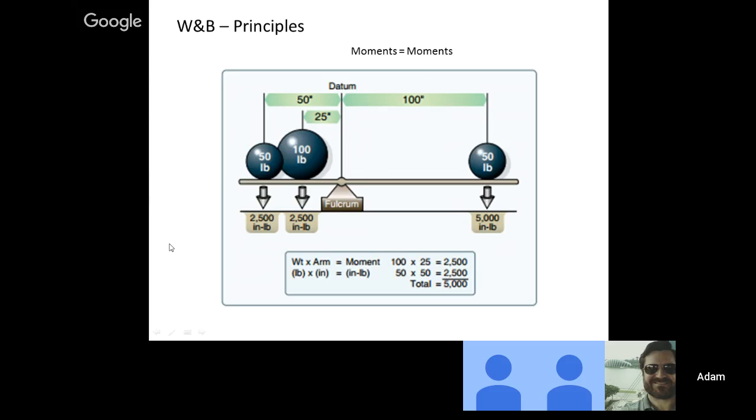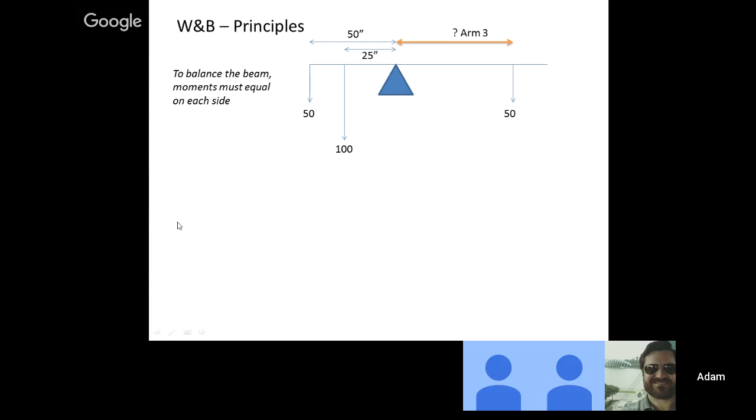So let me walk through this, and even if this is painfully obvious to you guys, it's good exercise to get geared up for the airplane example. So in this example, the FAA will say, okay, you've got a 50-pound weight, 100-pound weight, your fulcrum with known distances, 50 inches, 25 inches, and then you've got a 50-pound weight way out here with an unknown arm, with an unknown moment arm.